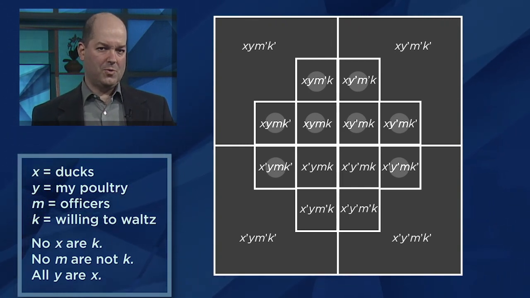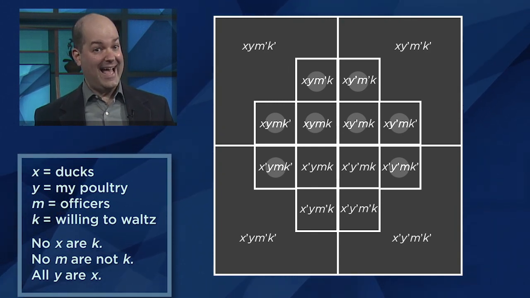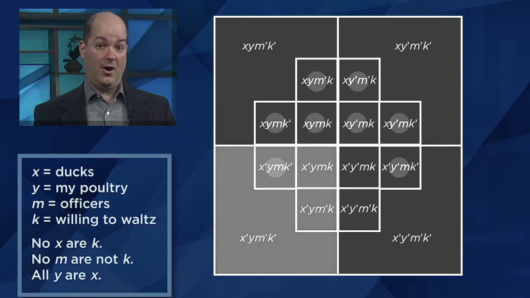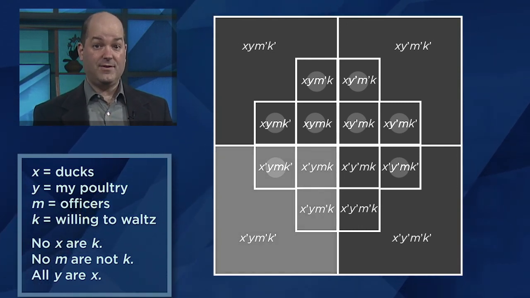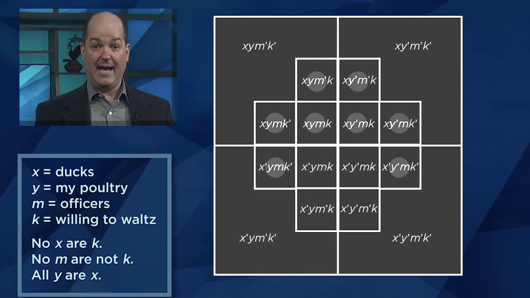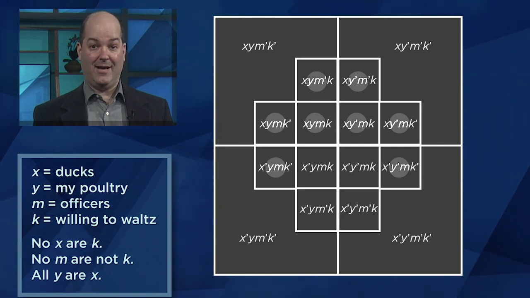The final premise was all Y are X. Now, having Y and lacking X is represented by the 4 regions below the horizontal line and to the left of the vertical line. One of these regions already has a gray counter, and this final premise tells us that the other 3 need gray counters as well.